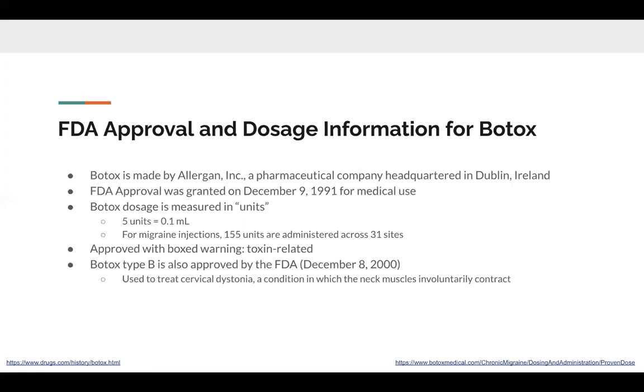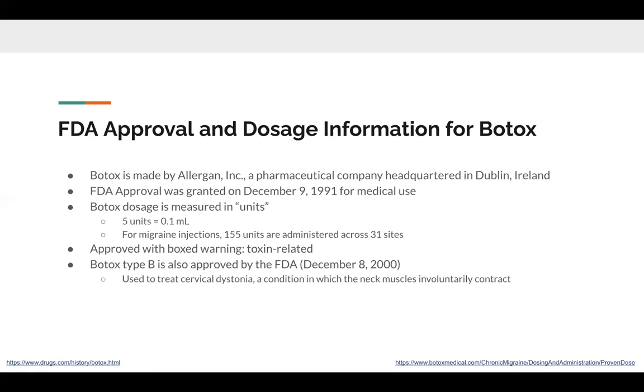So as far as FDA approval and the dosage information for Botox are concerned, it's made by Allergan Incorporated, which is a pharmaceutical company headquartered in Dublin. It was granted FDA approval on December 9th, 1991, OnabotulinumtoxinA was. The weird thing about Botox is the dosage is measured in units.